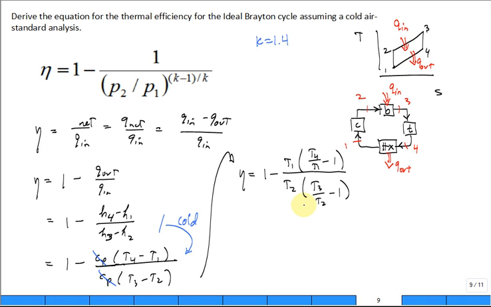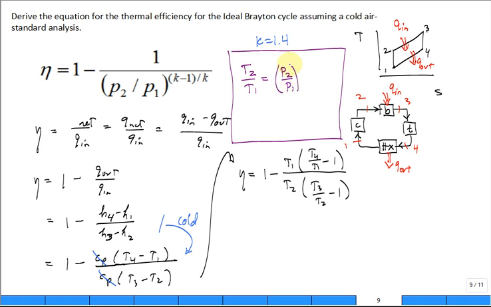All right. If you doodle on the side or go back and remember our equations, put it in this box right here: T2 divided by T1, for the ideal Brayton cycle with reversible compression, is equal to the pressure ratio P2 over P1 to the power K minus 1 divided by K. We use that, true? Good.